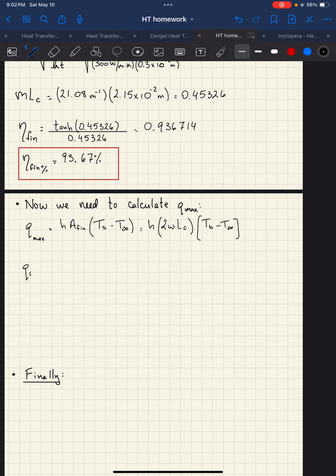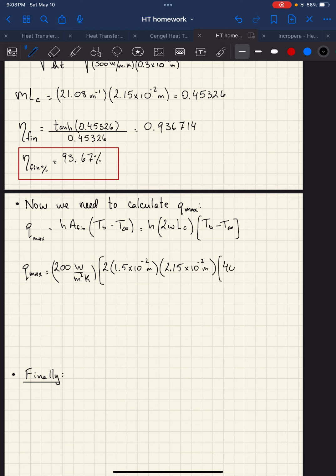So Q max here is h, the width of the fin is 1.5 times 10 to the minus 2, the corrected length is 2.15 times 10 to the minus 2.